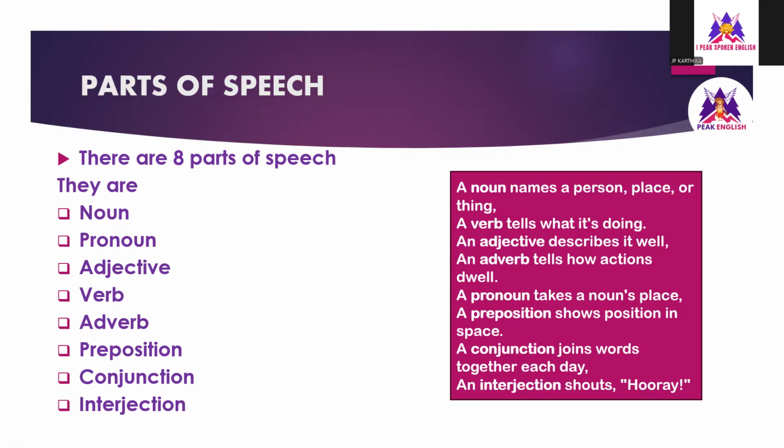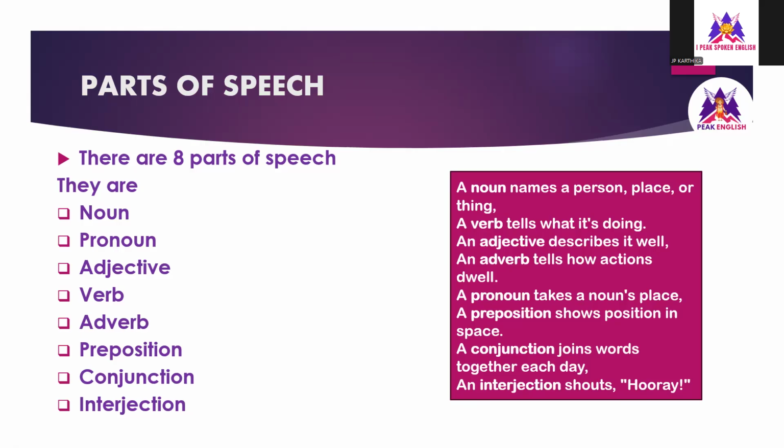These words are called interjections because when we express our sudden emotions or feelings, we use certain sounds, certain words. So in our speech, we use only these 8 parts of speech. If we use these 8 parts of speech correctly, then obviously our English will be at a different level.